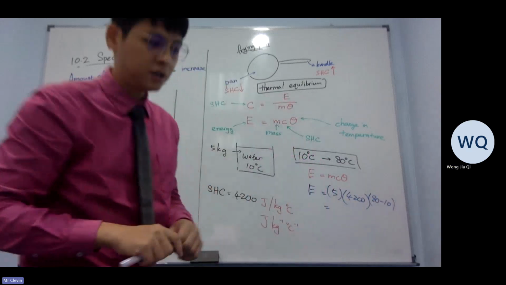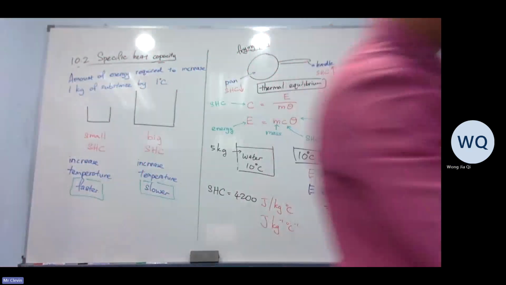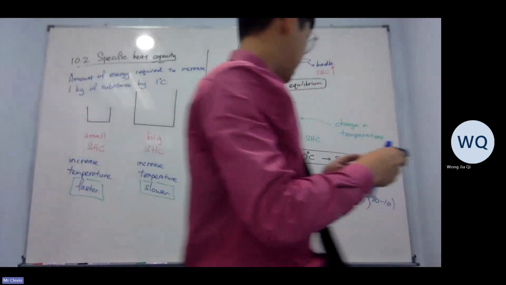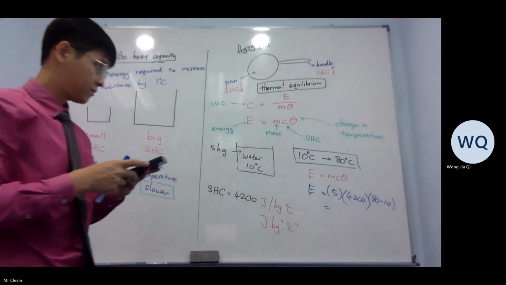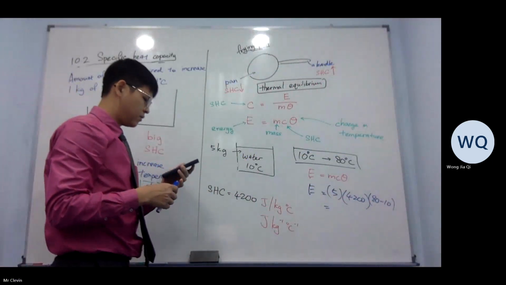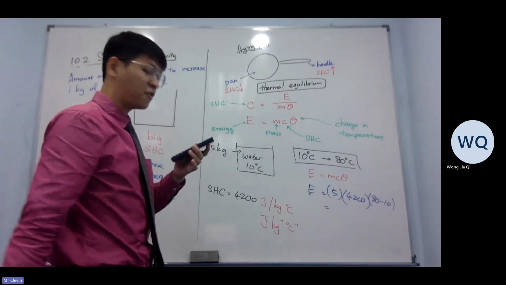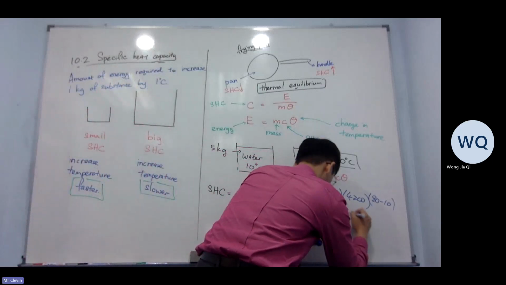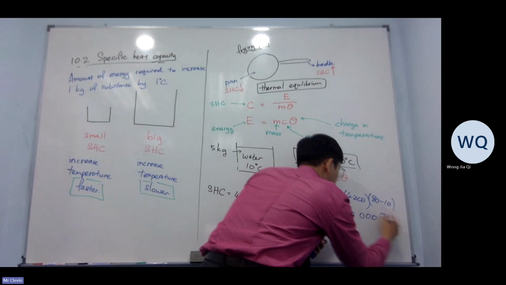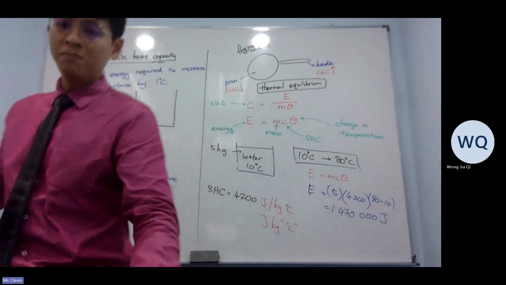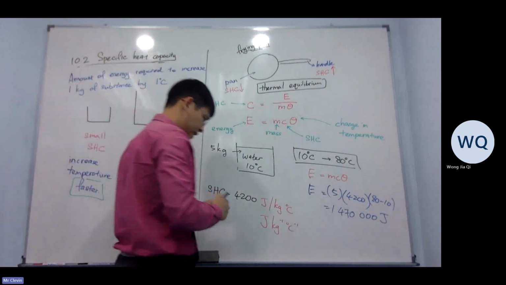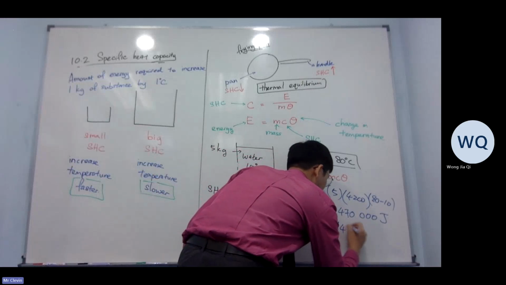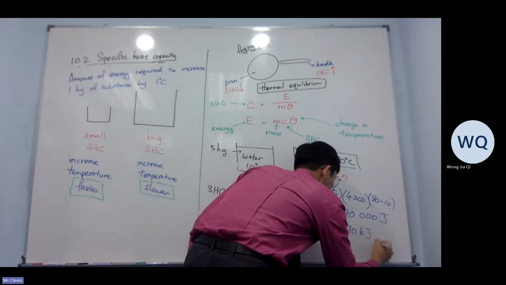So when you press this into your calculator, you should get an answer of around 1.47 million, so it's about 1,470,000 joules. If you want to change it to kilojoules, can you? Yes, of course, you can change it to 1,470 kilojoules.